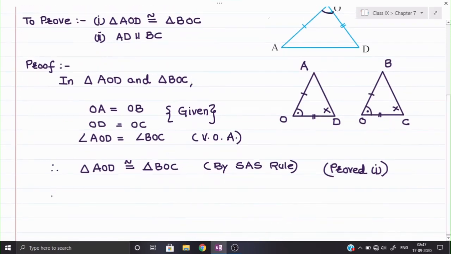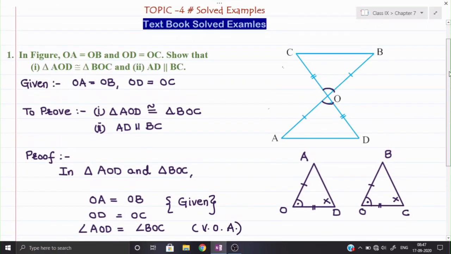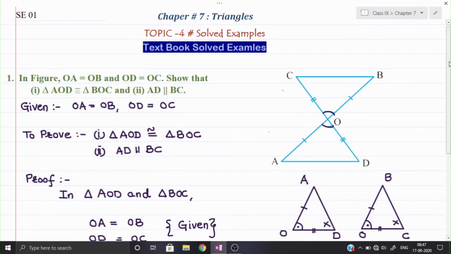Therefore angle ADO is equal to angle BCO. That we can say with the help of CPCT. Okay, but now what is the benefit of getting these two angles equal? For that you need to see the main figure given to us. This is your angle ADO, and this is your angle BCO.